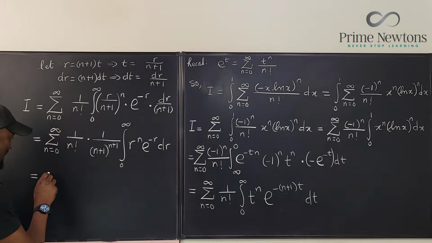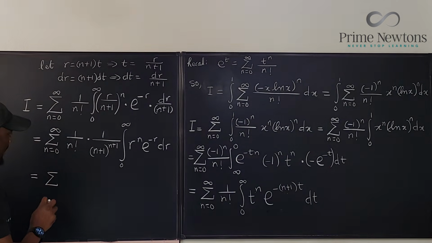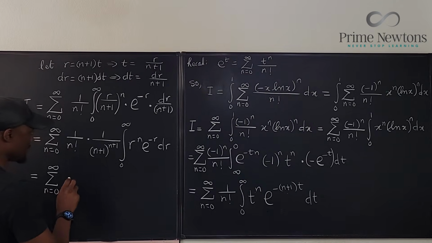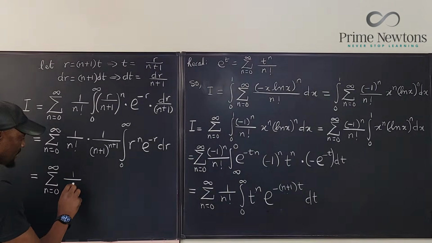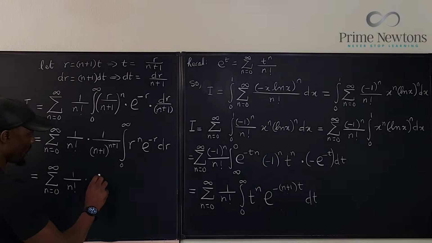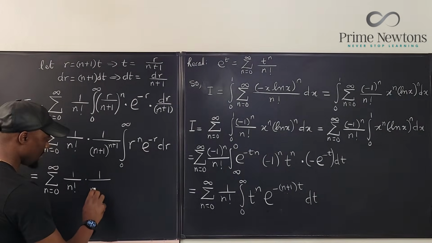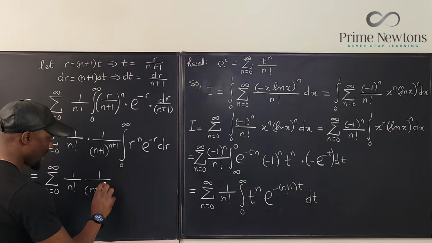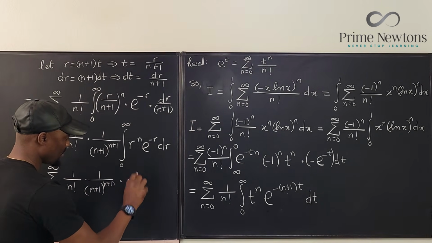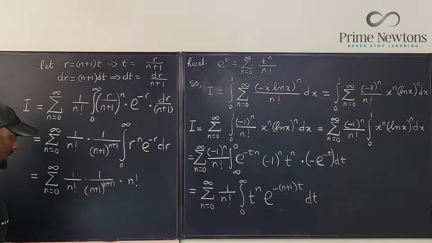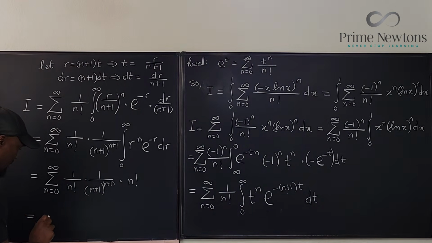So this is going to be the sum from n equals 0 to infinity of 1 over n factorial times 1 over n plus 1 raised to n plus 1 times n factorial. And this is equal to the sum from n equals 0 to infinity.